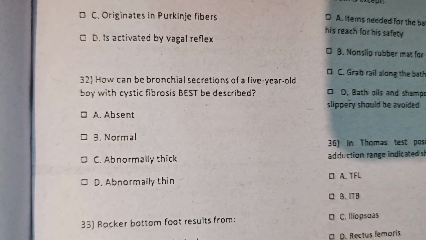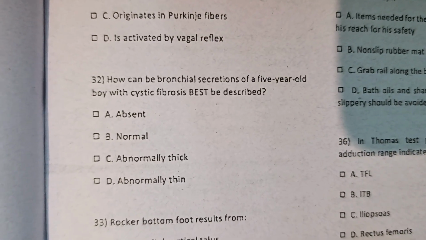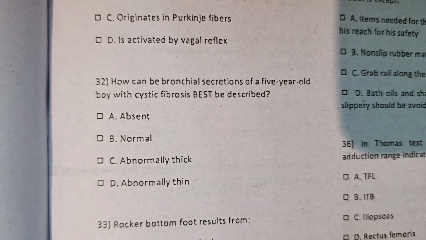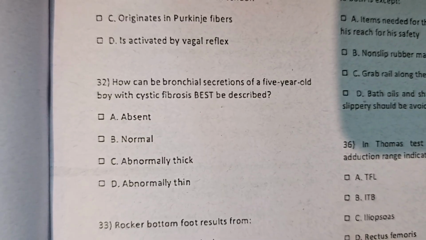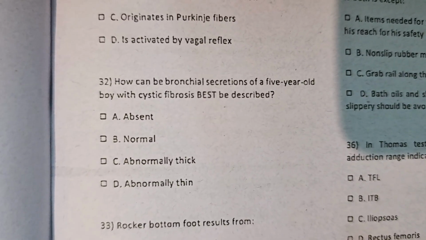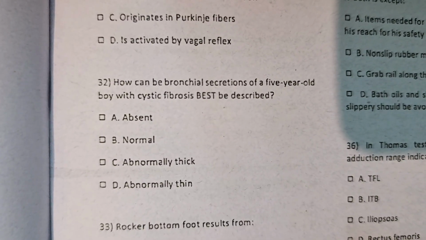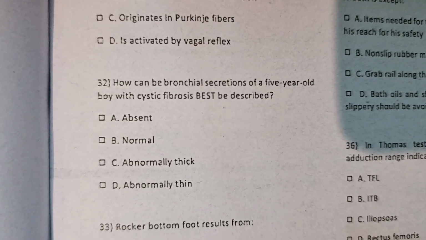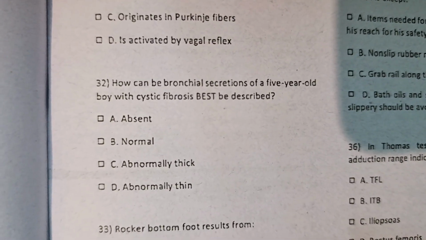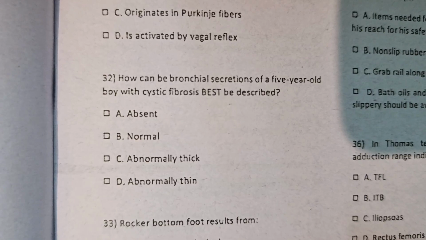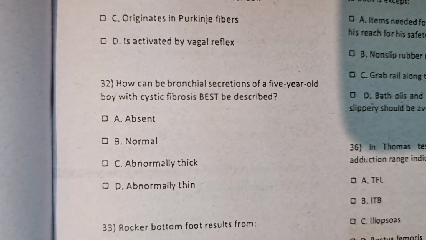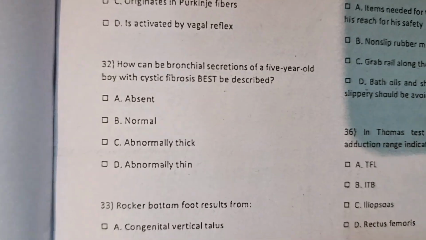MCQs number 32. How can the bronchial secretion of a 5-year-old boy with cystic fibrosis best be described? Option A absent, option B normal, option C abnormally thick, option D abnormally thin. And the right answer is option C abnormally thick.